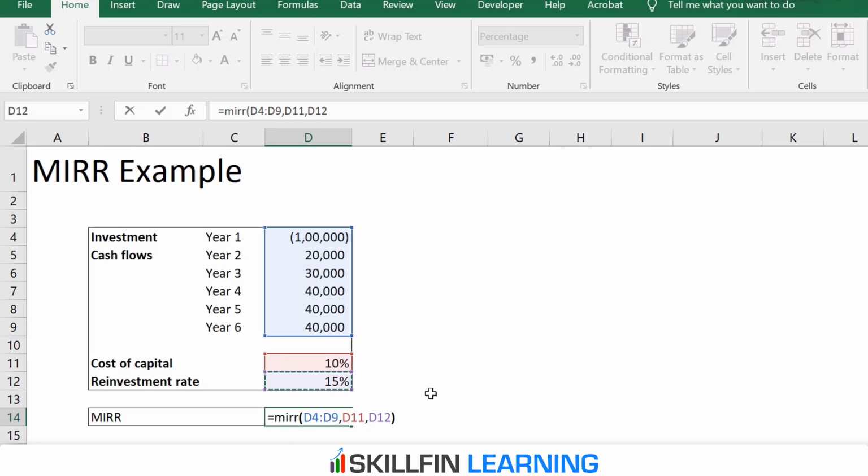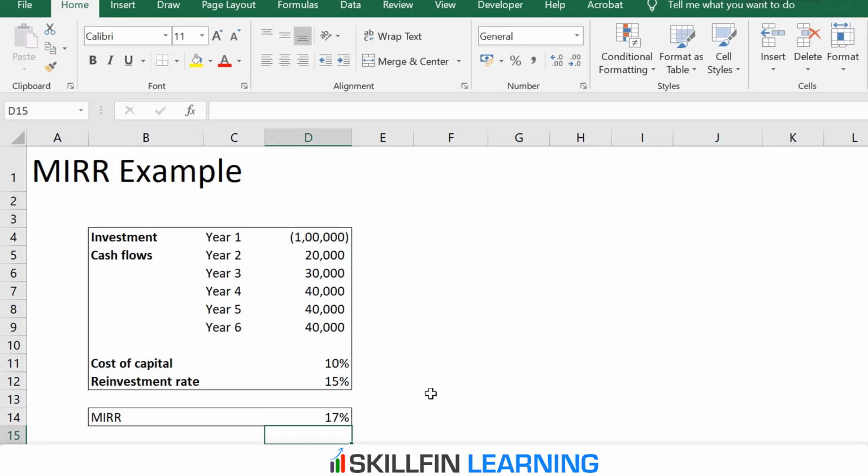So close the bracket and then enter. So this shows that the MIRR of the project is 17%. From a decision making perspective, the MIRR is greater than cost of capital and hence the project can be accepted.